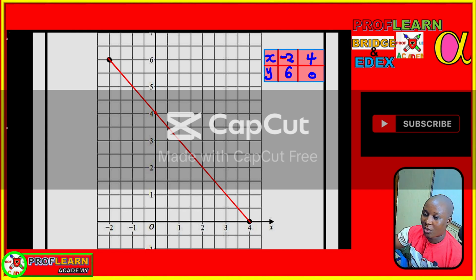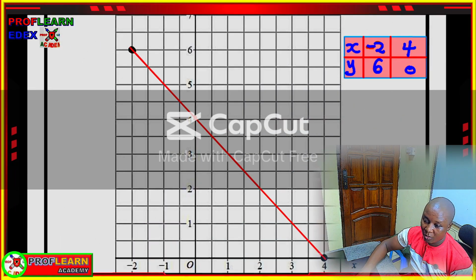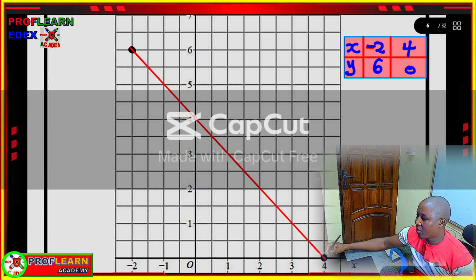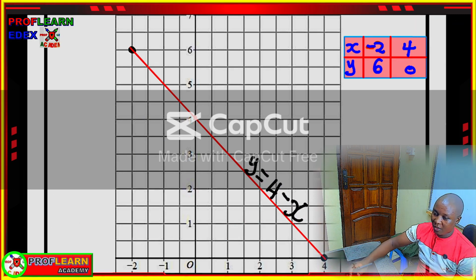You can be asked a question on that, and you should be able to work it out. I believe we are together up to that point. And of course, the line that we have drawn here is the equation of the line y equals 4 minus x.